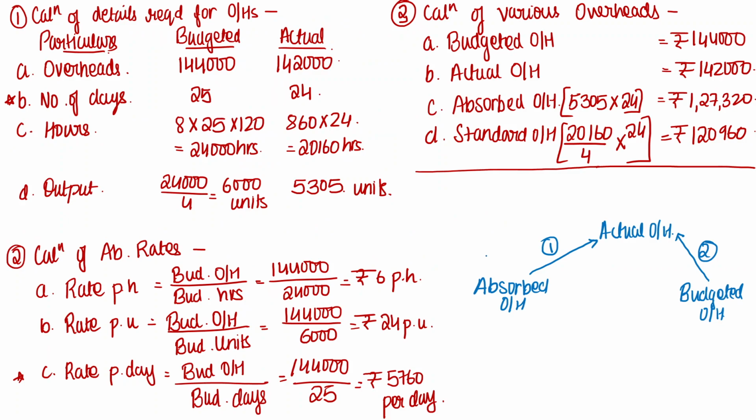So absorbed minus budgeted. So this is your formula number 3. Are we clear? Can we go ahead now?